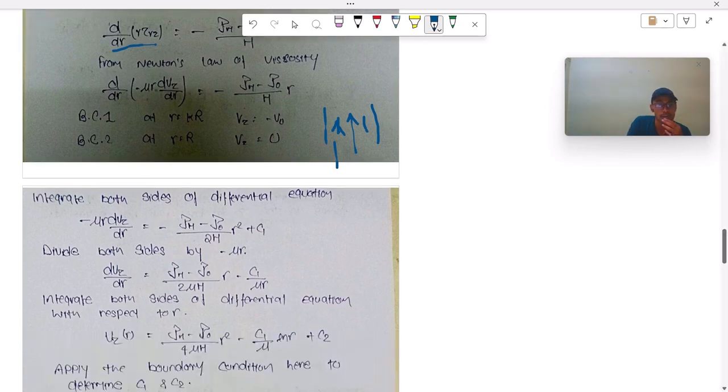Now putting the value of this and doing the integration, minus mu times r dvz upon dr is equal to this r square plus C1. Now we divide the whole expression by mu times r, so that dvz upon dr is given by the change in modified pressure upon 2 times mu h times r, plus C1 upon mu r.